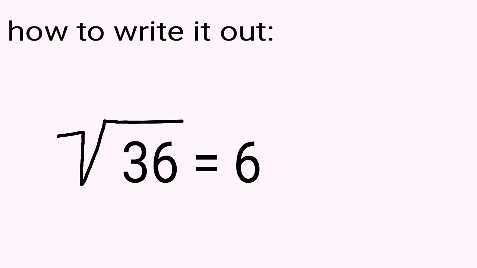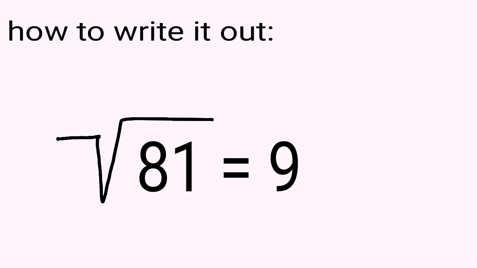For 36, it would be the square root of 36 equals 6. And for 81, since the answer is 9, the way to write it would be the square root of 81 equals 9.